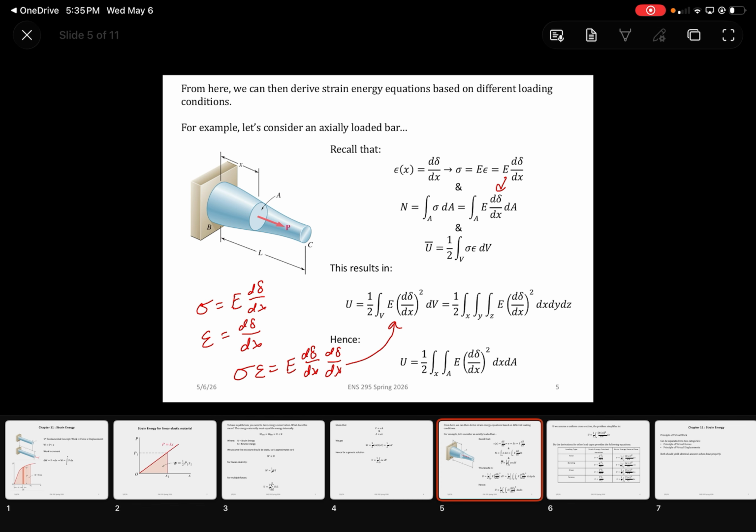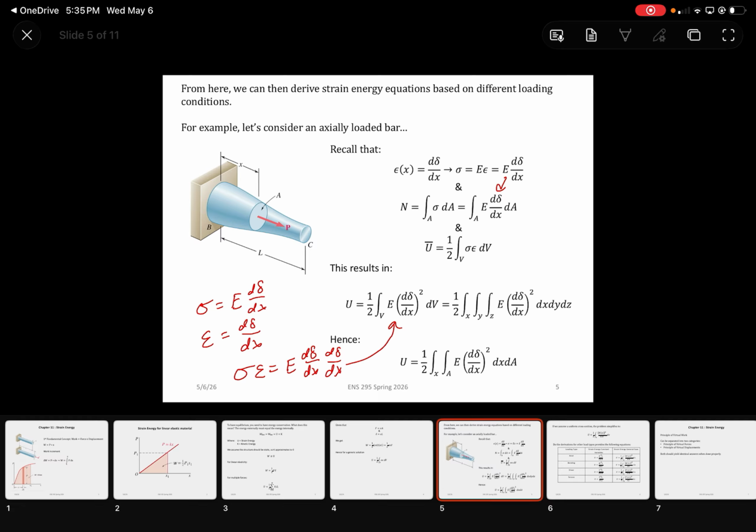The volume is going to be a triple integral over the x, y, and z coordinates. And what we end up with is a potential energy equation equaling 1/2 E times d delta over dx squared, times dx times dA. All right? And this is the general case if you have a non-uniform cross-sectional area.